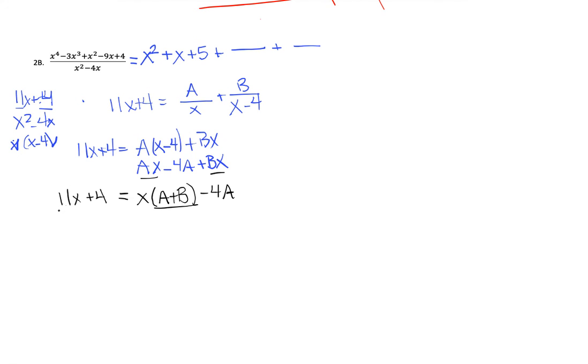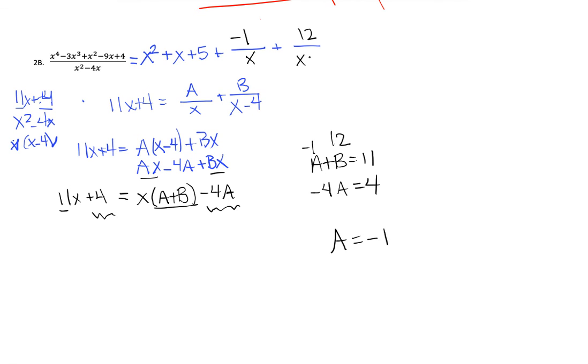So my A plus B I'm going to set equal to 11, and my negative 4A I'm going to set equal to 4. Well, it looks like A is equal to negative 1, and if A is equal to negative 1, then B has to be 12. So my A is negative 1, my B is 12, and this is over x, and this is x minus 4, and there we go.